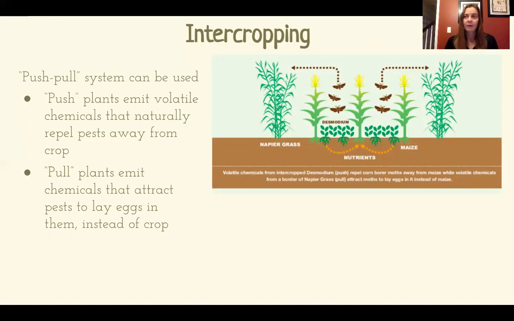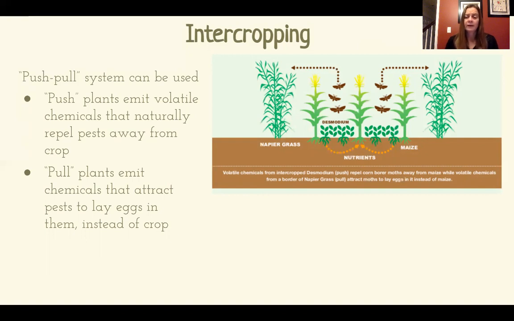So a lot of farmers and a lot of gardeners plant marigolds around their plants because a lot of insects are repelled by the smell of marigolds. So that would be an example of a push plant. Here in our image, we have a push-pull system.